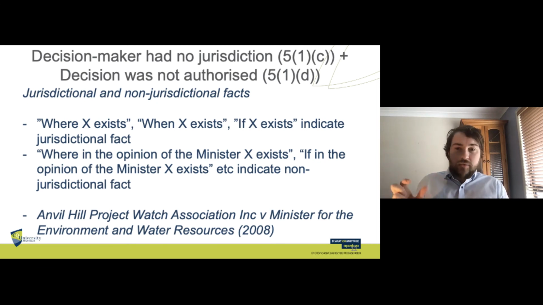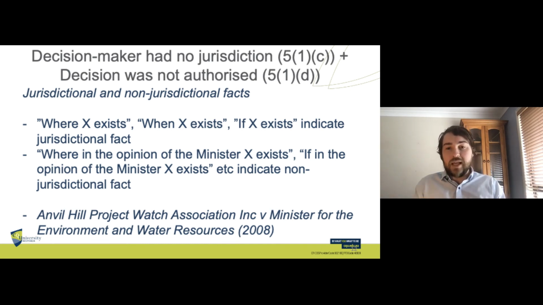And as a general rule, if the language is expressed in terms of where X exists or when X exists or if X exists, that would tell us that it's a jurisdictional fact. The X's existence is completely separate from the decision maker's power.